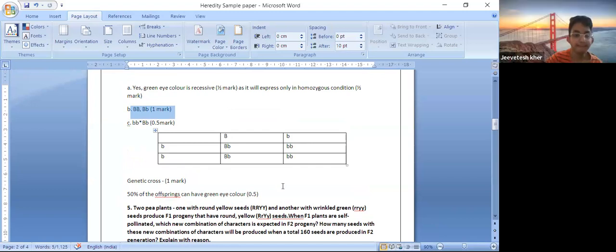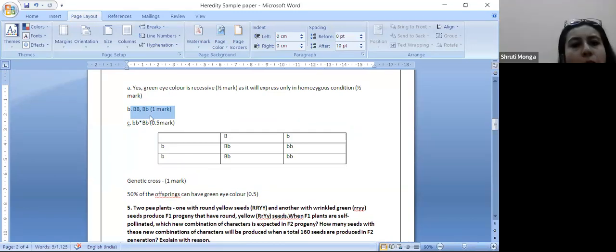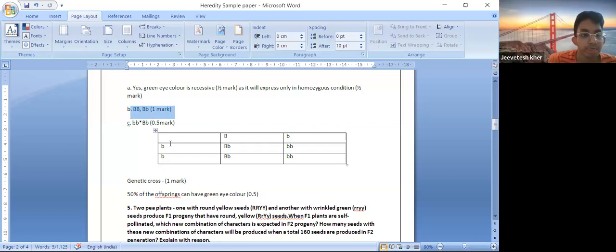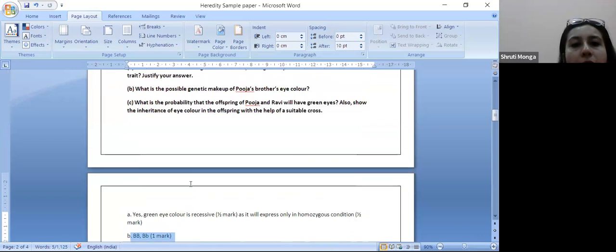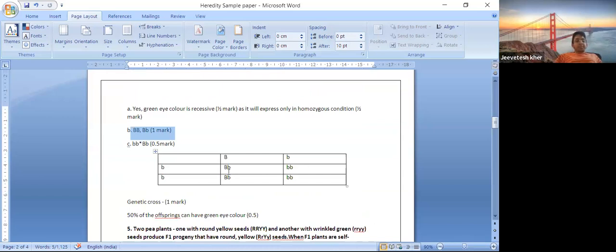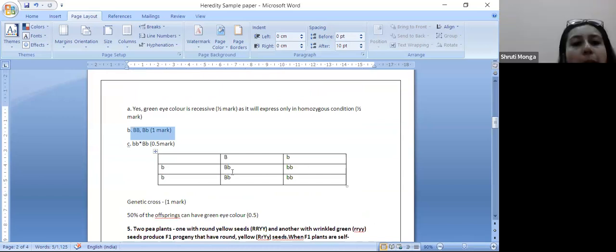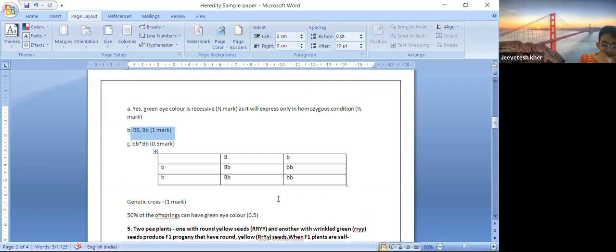You have calculated the genotype for Pooja as small b small b. The probability of the offspring would be either capital B small b or small b small b, 50% chances.